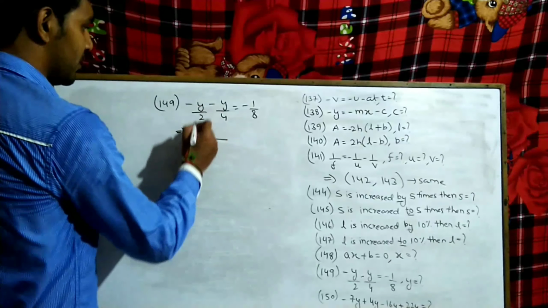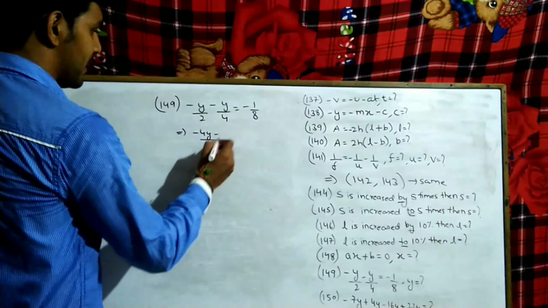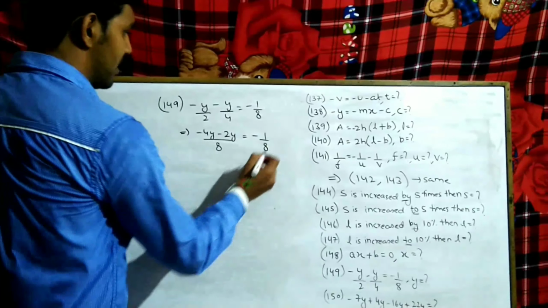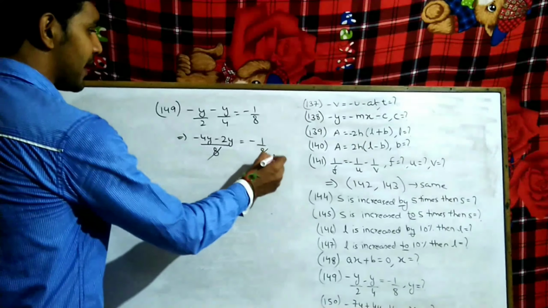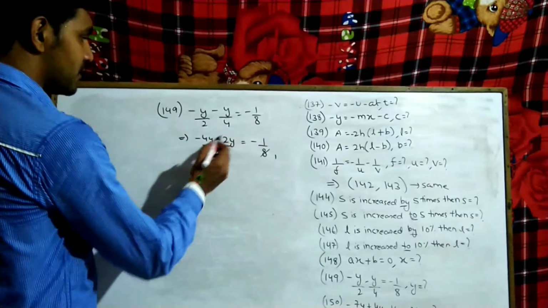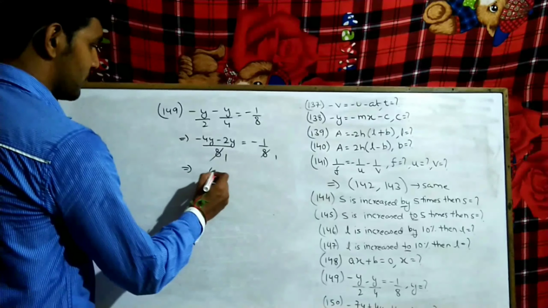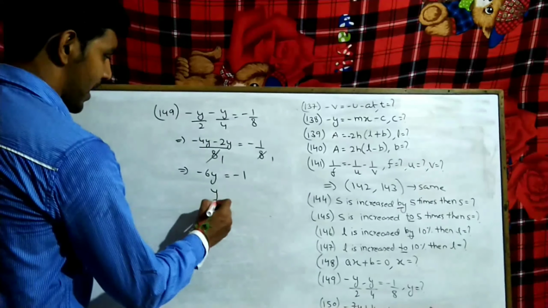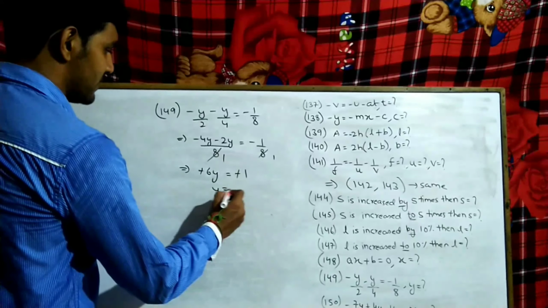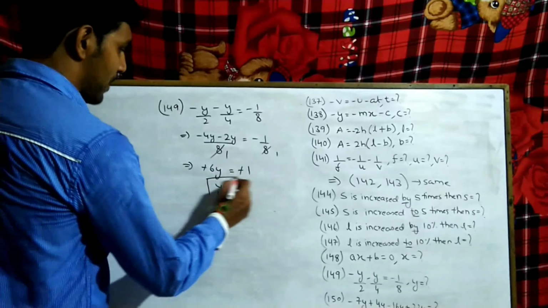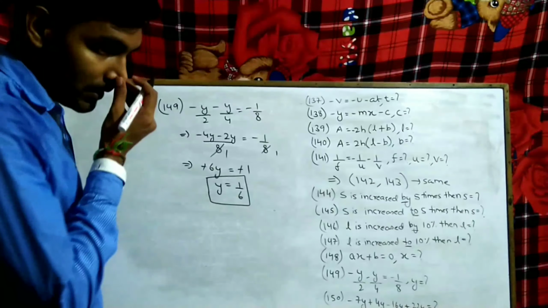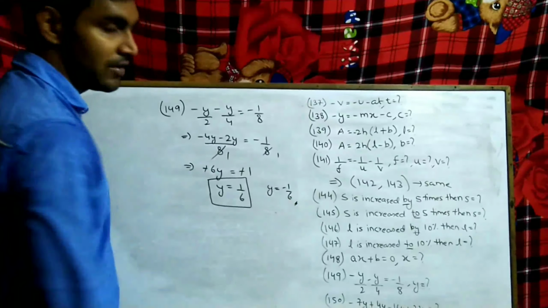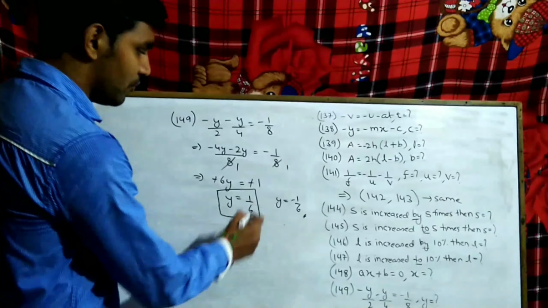Now cross multiply: 4 into y minus 4y minus 2 into 2y over 8 is equal to minus 1 by 8. Now same denominator, can I cancel? Very good. Now minus minus becomes plus. So 6y is equal to minus 1, and so y is equal to 1 by 6. But remember one thing, the back side is given y is equal to minus 1 by 6. It is wrong, a printing mistake. y is equal to 1 by 6.